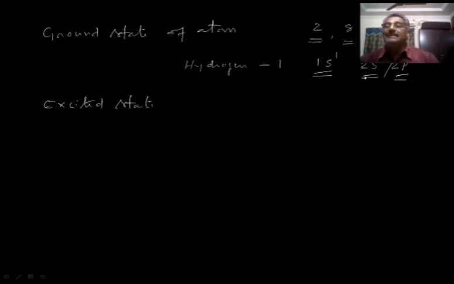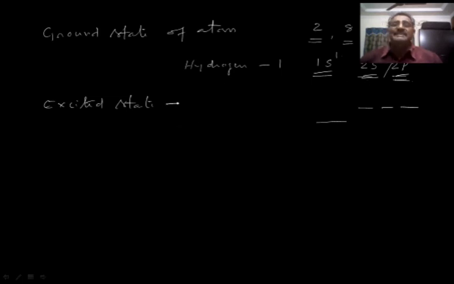But in the case of a multi-electron system, the energy of 2s is lower than the energy of 2p. That is, if this is the energy of 2s, the energy of 2p will be a little higher compared to 2s. So in the case of a multi-electron system, if an electron from the lowest energy is excited to higher energetic states correspondingly, then it is said to be the first excited state, second excited state, third excited state, and so on.